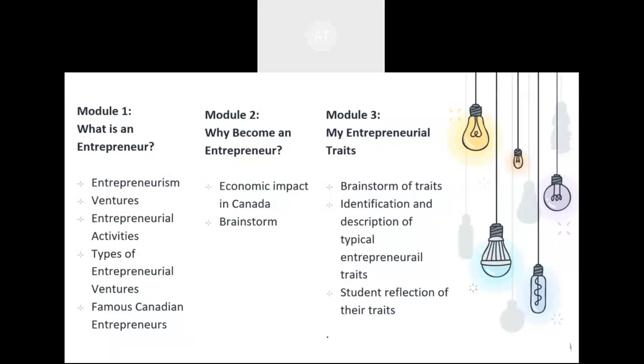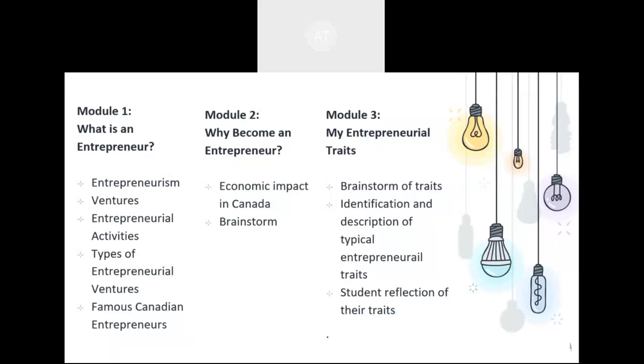It then identifies and defines some classic entrepreneurial traits and has students complete a personality assessment and reflection of their entrepreneurial traits. Module 3 will take the most time as students will have difficulty thinking of examples of when they've demonstrated the different traits. And again, there is the companion student handouts in a slide deck.